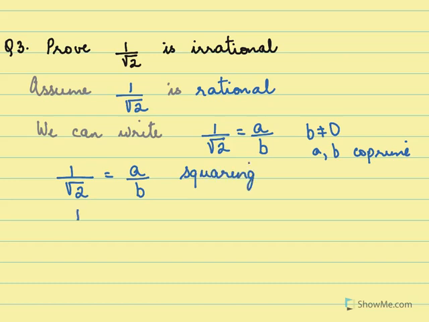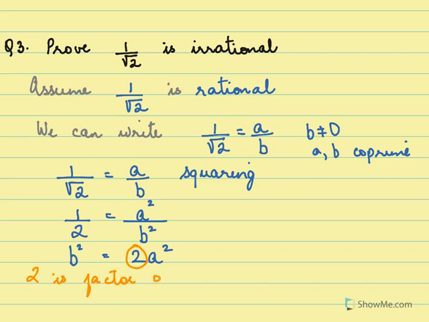On squaring, we have 1 over 2 equal to a square over b square. So b square equal to 2a square, cross multiplying. So now here I can say that 2 is a factor of b square. So 2 is a factor of b.